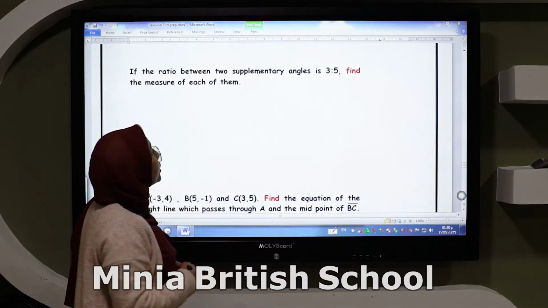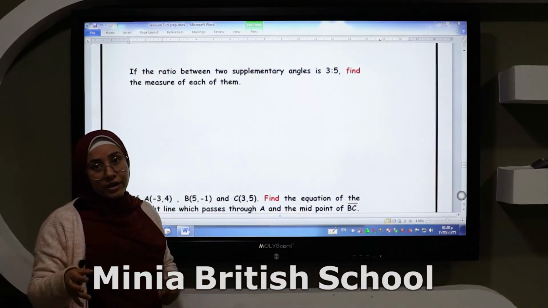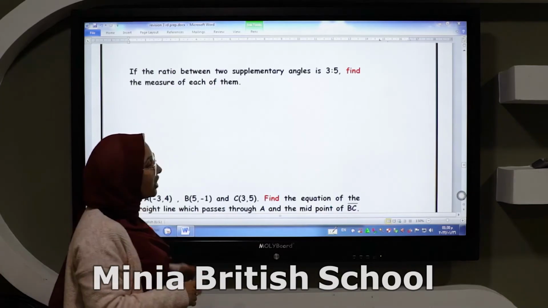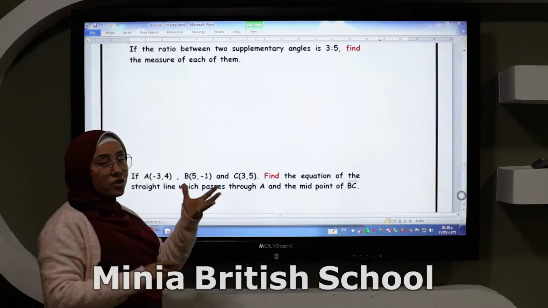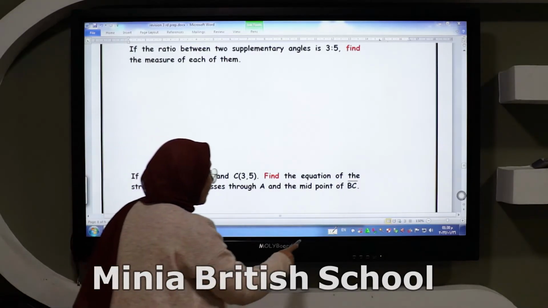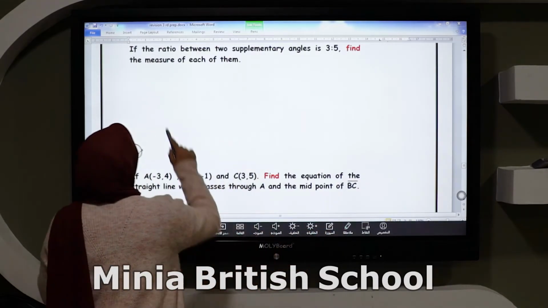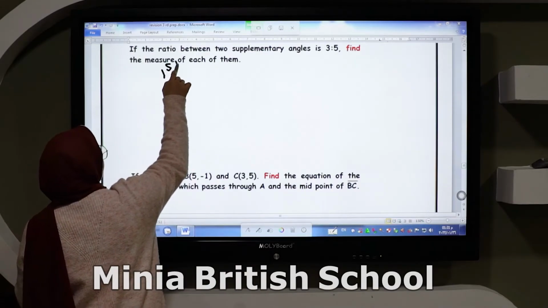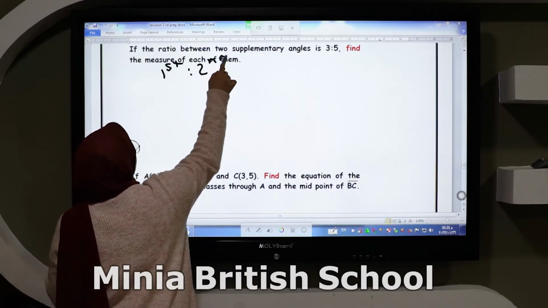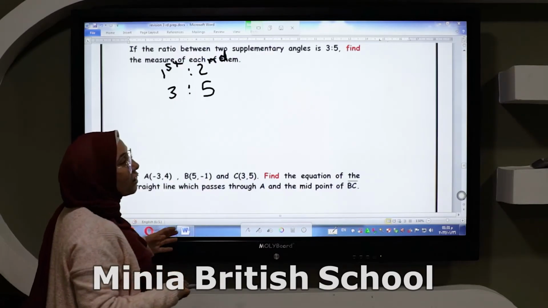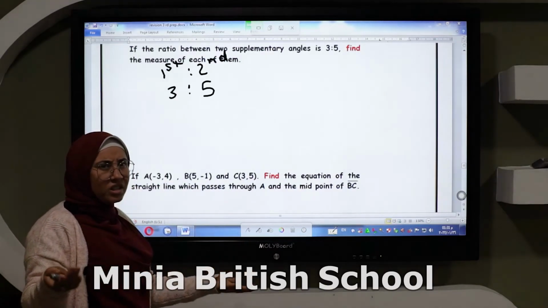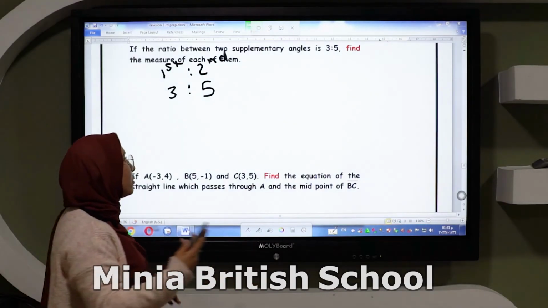Next exercise to correct. The ratio between two supplementary angles is 3 over 5. Find the measure of each of them. I have 2 angles, the first angle 3 and the second angle 5, and they are supplementary, so I need the sum of them to be 180.